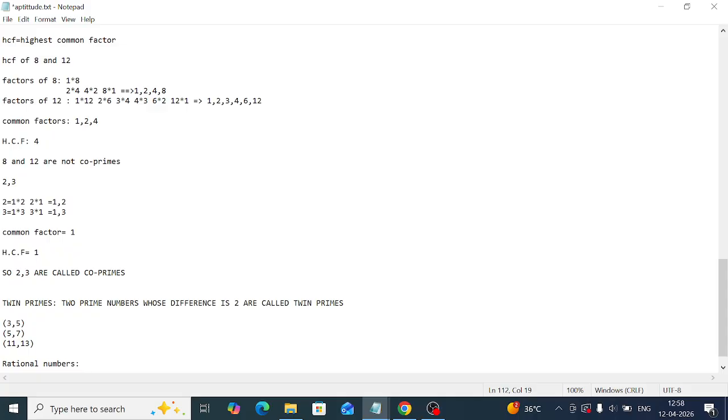Numbers which can be expressed in the form of P by Q, where P and Q are integers and Q not equal to 0, are called rational numbers.